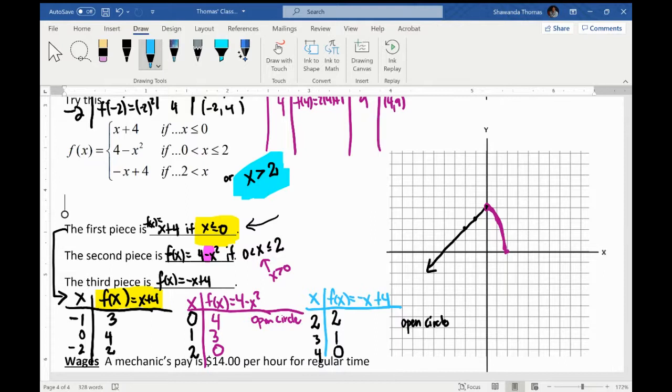Tell me where to go. Right 2, up 2. All right, open circle. 3, 1. I'm gonna go ahead and do it since you said it. 3, 1. And then 4, 0 will be here. In which direction should I extend my line? Up to the left or down to the right?